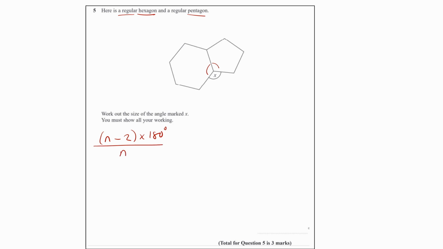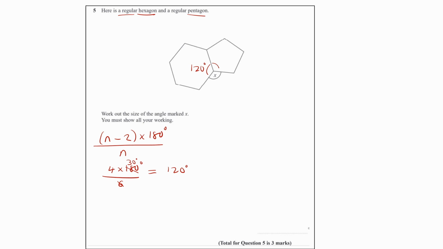So for a hexagon, that would be 6 minus 2, which would be 4. 4 times 180 degrees, then divided by 6 equals, well, 180 divided by 6 is, 6's go into 18 3 times, so that will be 30 degrees. So 4 times 30 gives me 120 degrees. So for the hexagon, it's 120 degrees, and I'll note that on my diagram as well.